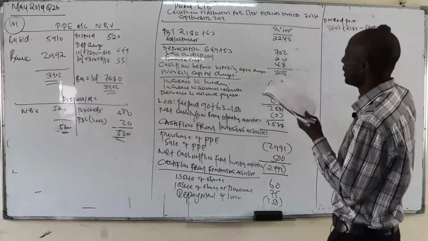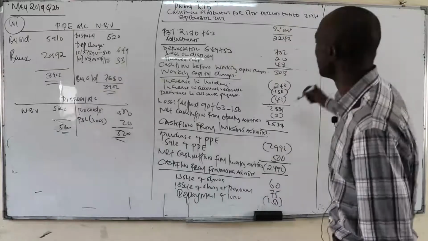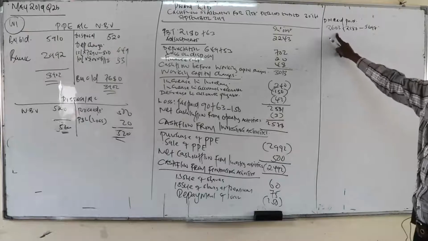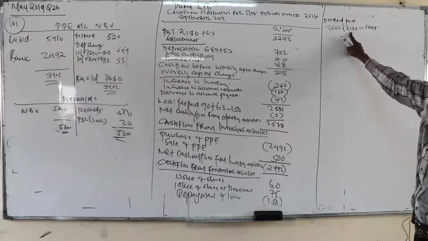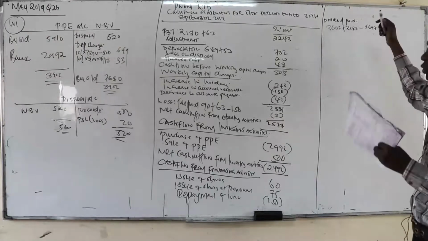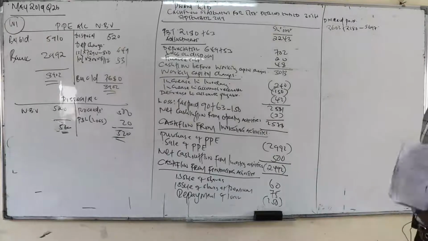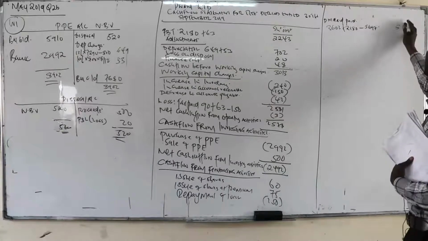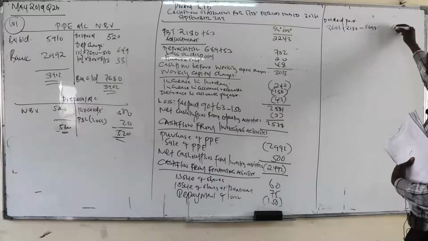That is how you get the dividend. So if you've not been given the figure for dividend paid, you use the retained earnings: the beginning balance plus the current profit minus the closing retained earnings. What do you get? 86. So that one is negative.